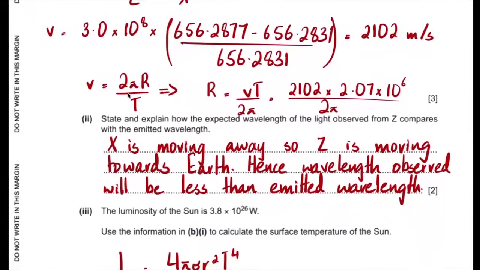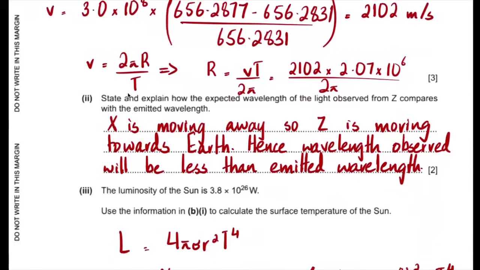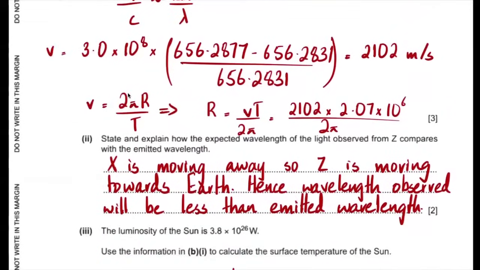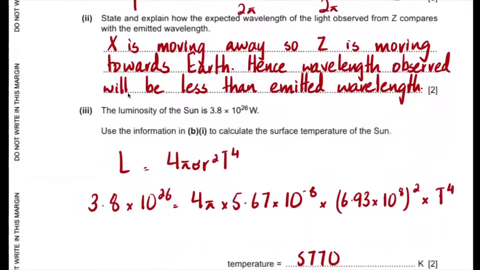Part 3, luminosity of the sun is given. Use the information in B1 to calculate the surface temperature. So I know L, I have to find temperature, so I'll use the Stefan-Boltzmann law, L = 4πσr²T⁴. r I also just found from this part here. So I just plug in the values.